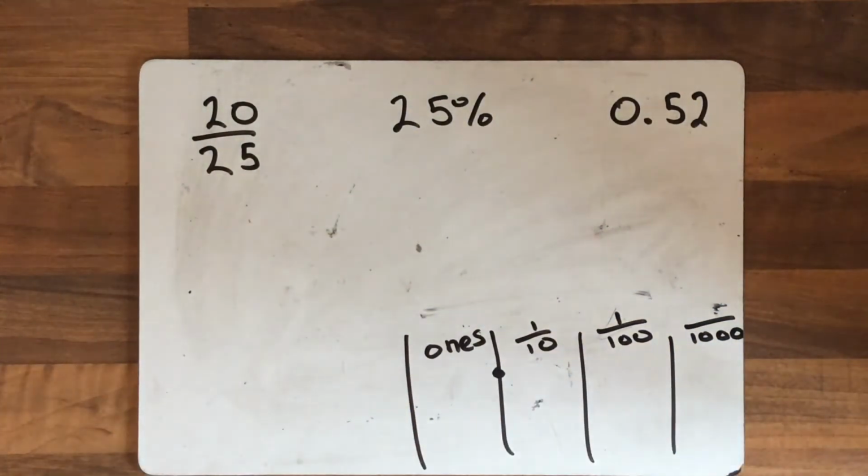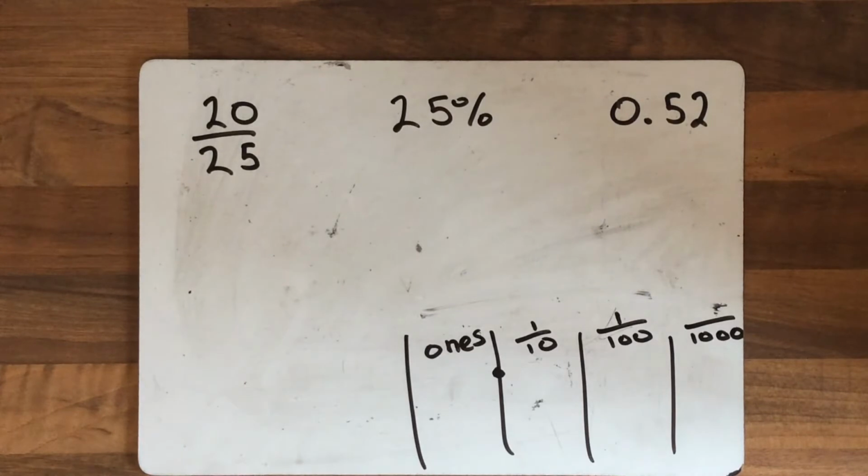Now again, this is one of those questions that you see quite often, and you see again, lots of the numbers are very, very similar. Each one has got a 2 and a 5 in, which makes it not as clear straight away to convert them. So the first thing that we want to try to do is to try to change them all into a percentage, change them all into a decimal, or to change them all into a fraction.